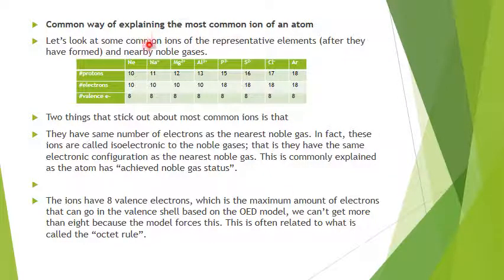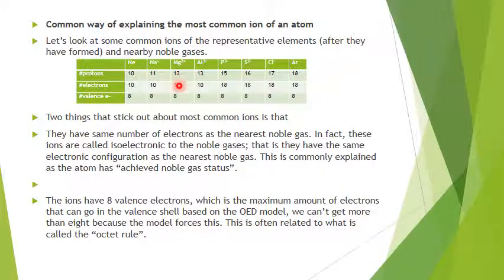So let's look at the common ions of the representative elements. Sodium usually has 11 protons and 11 electrons, but it has a positive charge when it's an ion, so now it has 10 electrons.